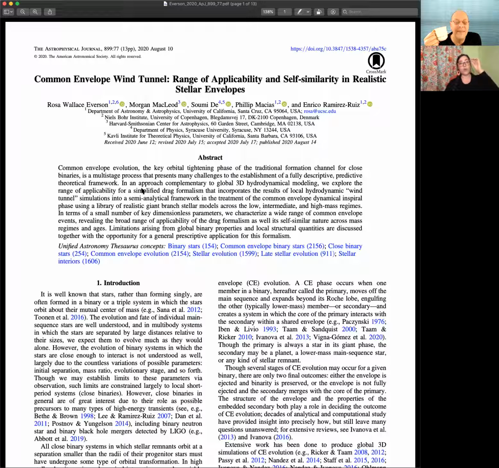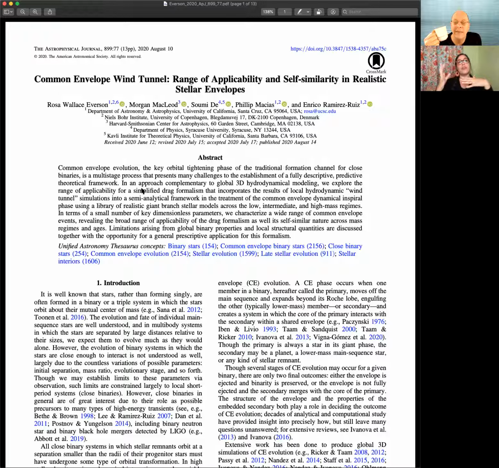So what Morgan attempted to do was to look at one stage of this. This paper focuses on the dynamical in-spiral stage of common envelope evolution, also sometimes called the deep plunge or plunge in, which is when our secondary is deep diving into the envelope of our primary after it's been engulfed. So what the wind tunnel simulations attempted to do was to zoom in on the secondary during its in-spiral and see what kind of drag it's experiencing and what type of accretion is going on.